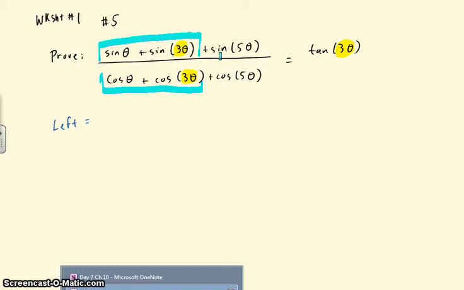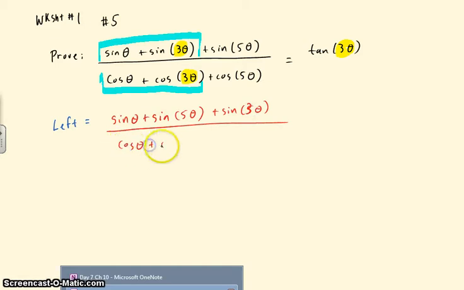I don't really want to do that. So I'm going to rearrange these terms like this. That's 3 theta. So this is cosine theta plus cosine 5 theta plus cosine of 3 theta.